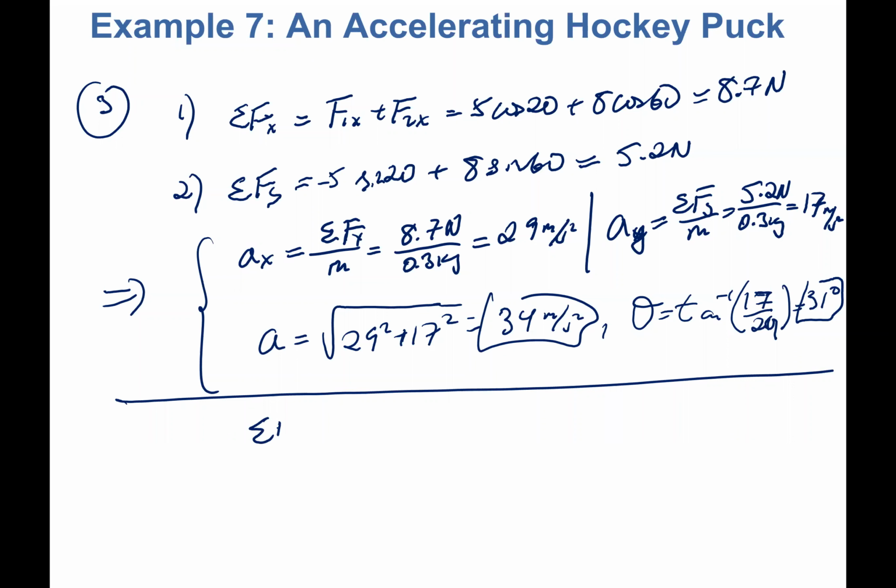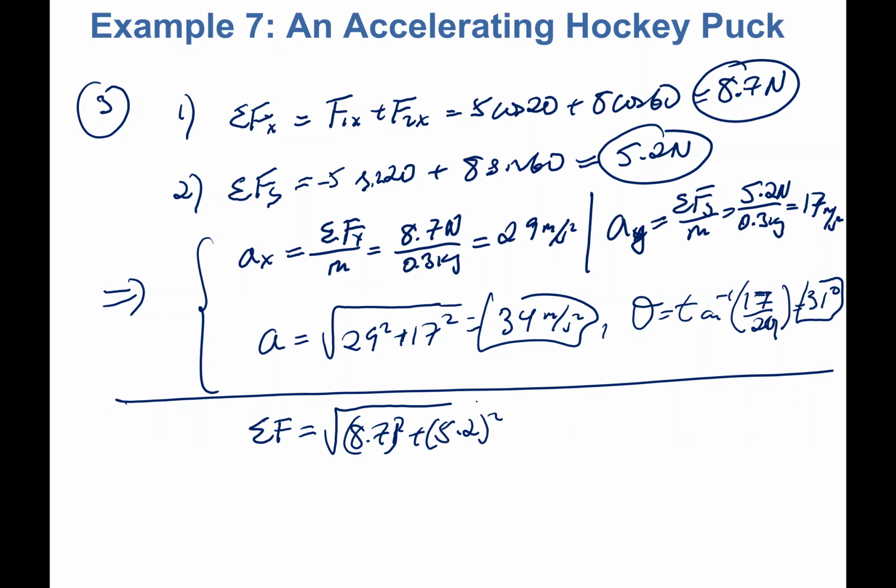First, I find the net force from the components of the net force, which would be the square root of 8.7 squared plus 5.2 squared. So, calculating this, 8.7 squared plus 5.2 squared, then the root of that.